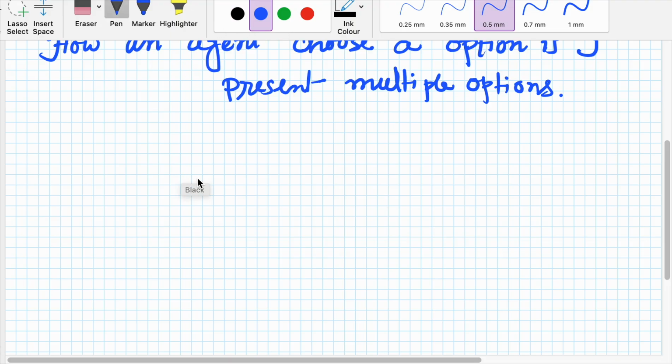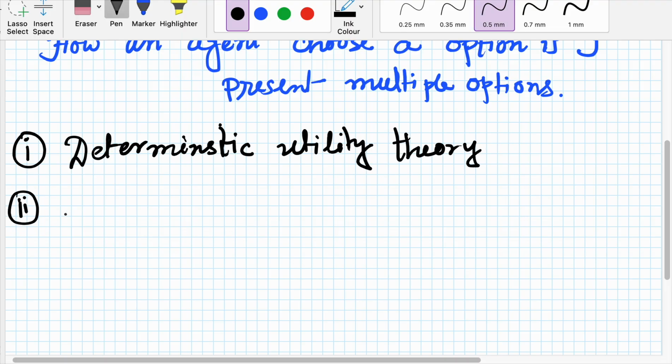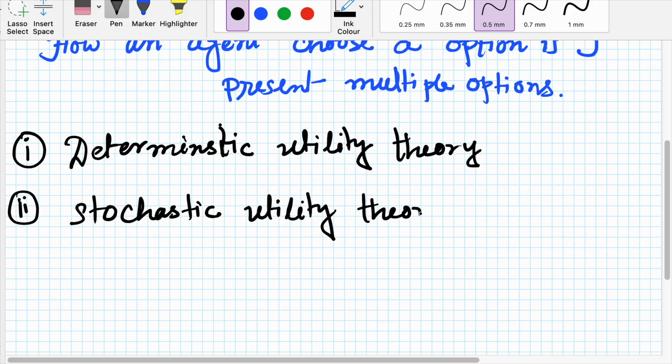Now, as we learned in the previous class, there are basically two parts. One is deterministic utility theory, and the second is stochastic utility theory.